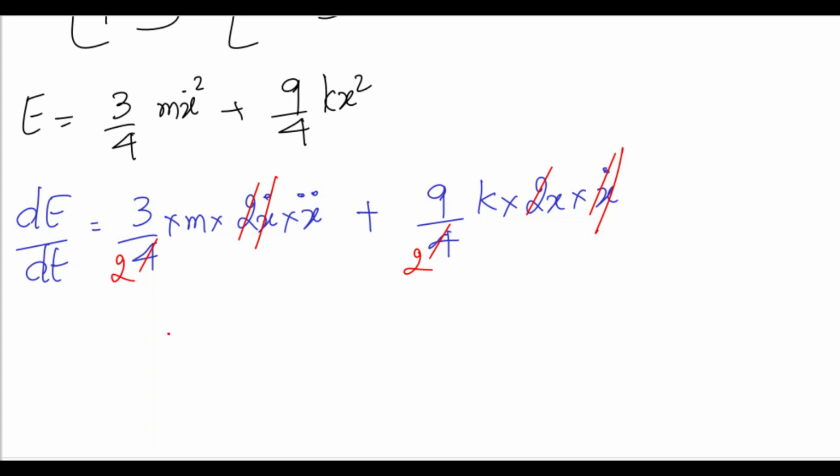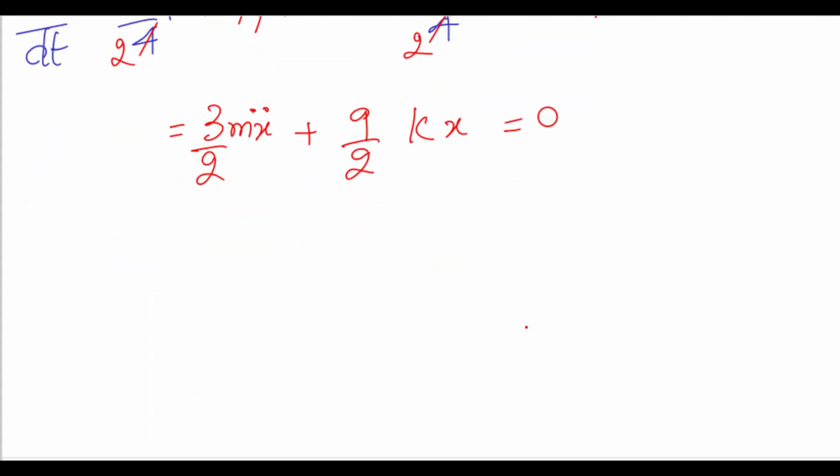So we'll just write the remaining things. It's 3 by 4 and this is 9 by 4. So obviously it will be 3 by 2 m x double dot plus 9 by 2 k x, which is going to be equal to 0.